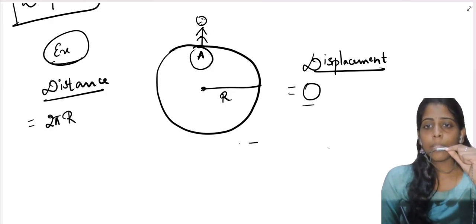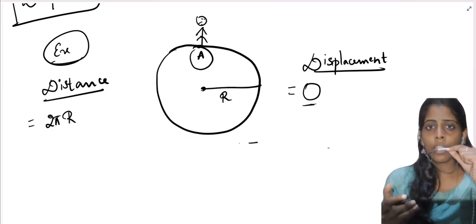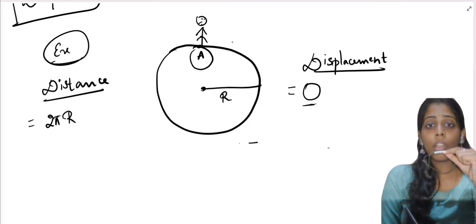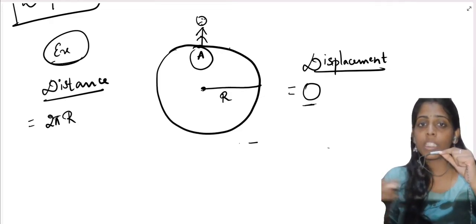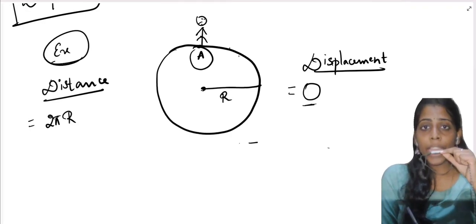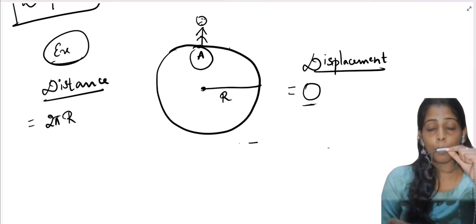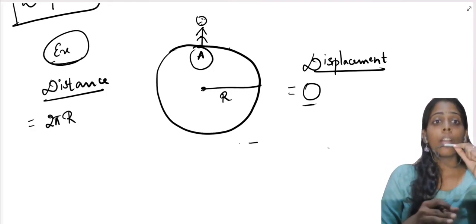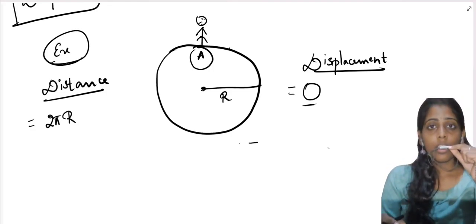So if my displacement is 0, does that mean this person did not move? No, this person has moved, but he did not reach a final position which is different from his initial position, right? He was not displaced from his original position. His final position is exactly the same as the initial position even after covering a certain distance.